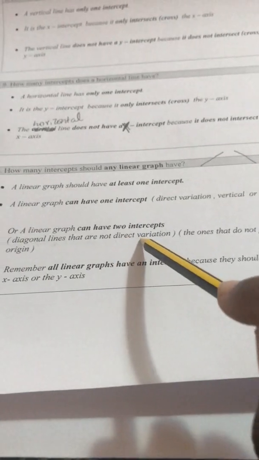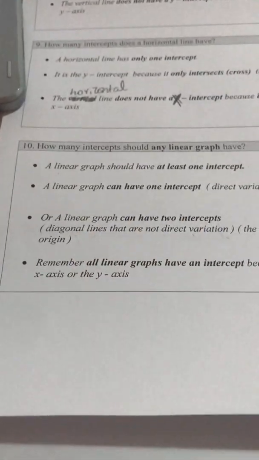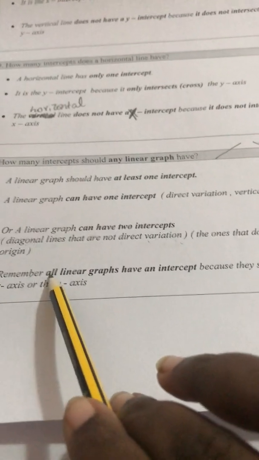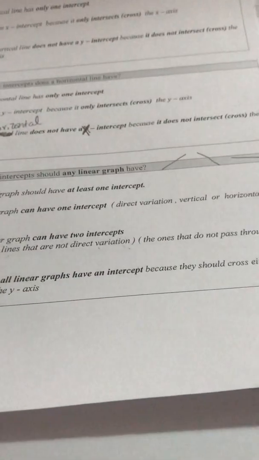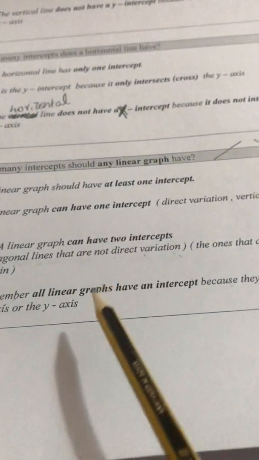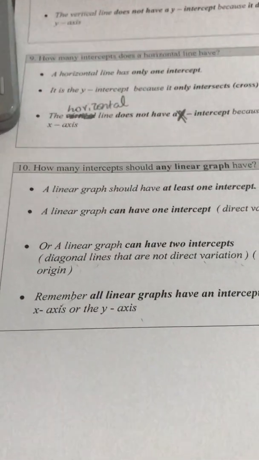The diagonal linear graphs that are not direct variation. Remember, all linear graphs have an intercept because they should cross either the x-axis or the y-axis.